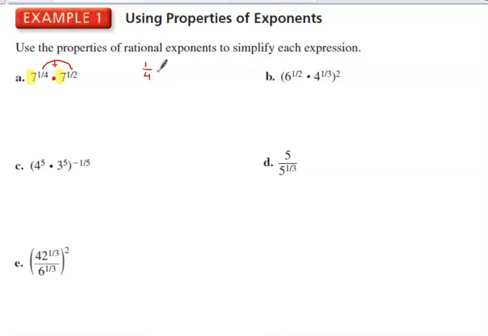So 1 over 4 plus 1/2. I need a common denominator, so I can go ahead and multiply by 2's to make this 2 over 4, which is then 3 over 4. So when I add those exponents together, I end up with 7 to the power of 1 over 4 plus 1/2, which is 7 to the power of 3 over 4.